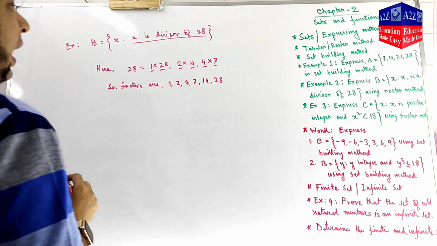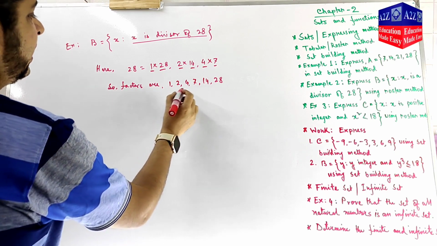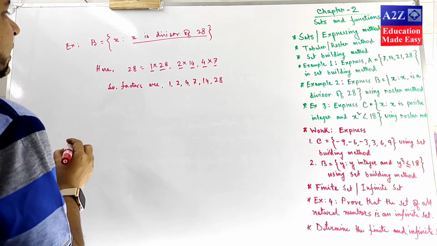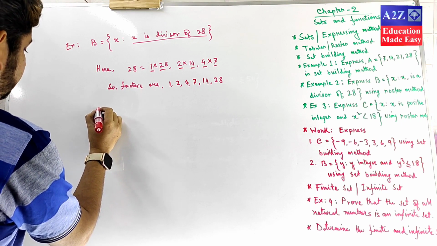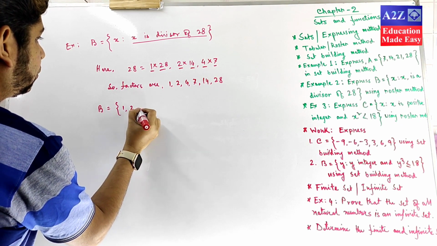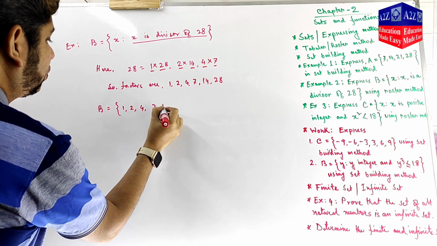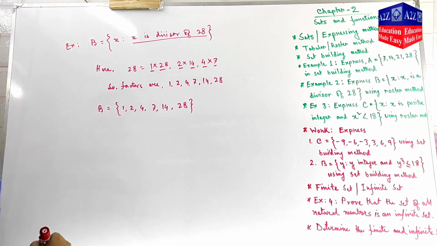So I have got all the items, and since the list is already prepared, I can make the set very easily. So in tabular method, the set will be B equals 1, 2, 4, 7, 14 and 28. This is the answer.